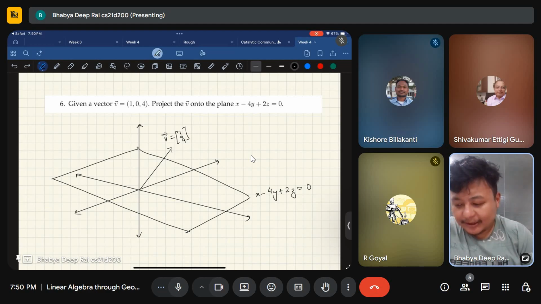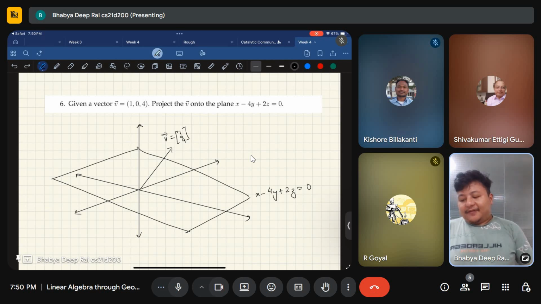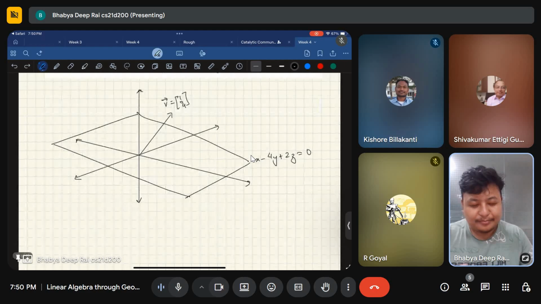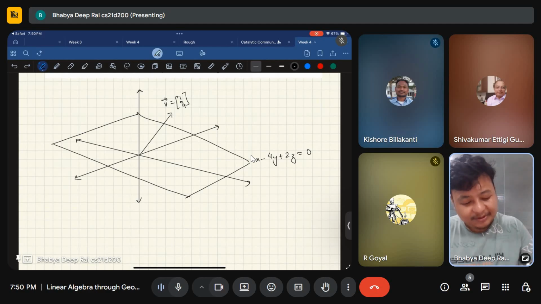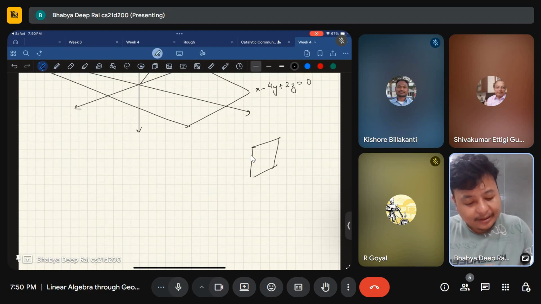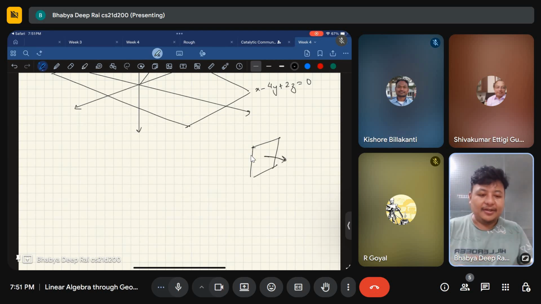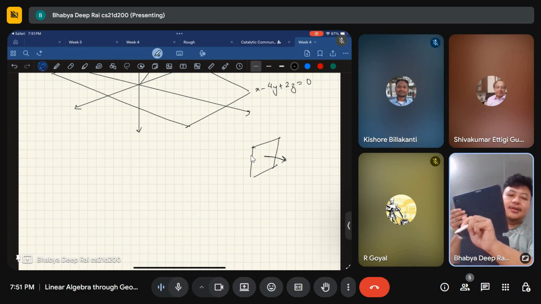Well, question is, first of all, how will you achieve it? It's simple if you know what is called the normal of the plane, or the orthogonal vector to the plane. So what is meant by orthogonal vector? You have a plane, you want a vector that is perpendicular to the plane. If this is your plane, then it is sort of shooting through outside the plane.